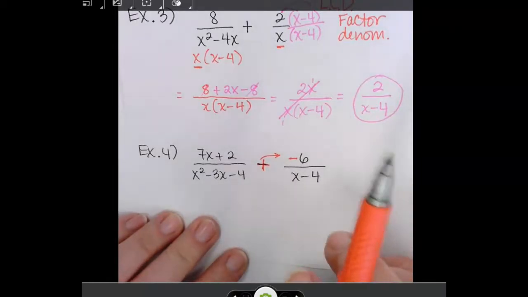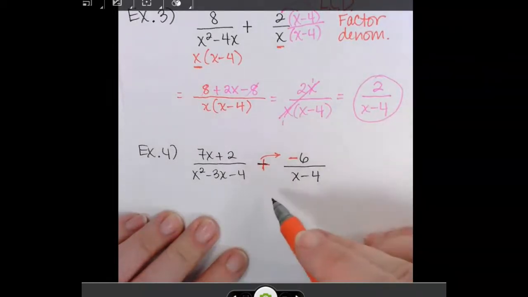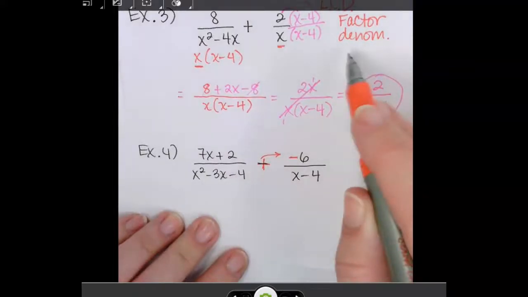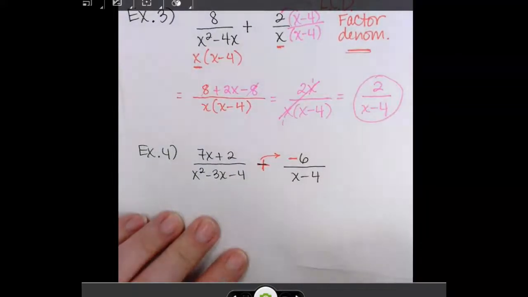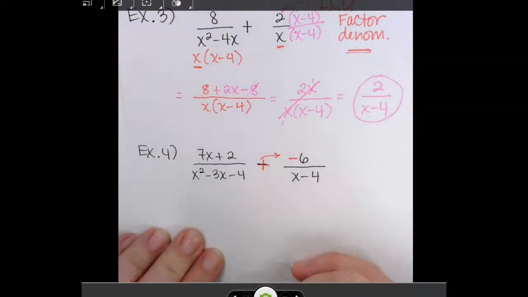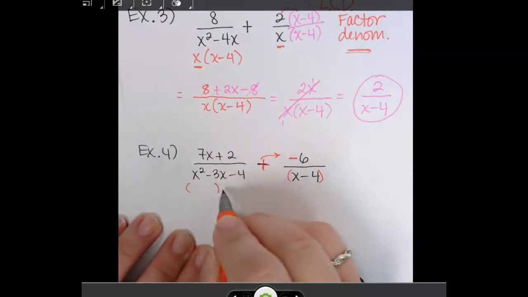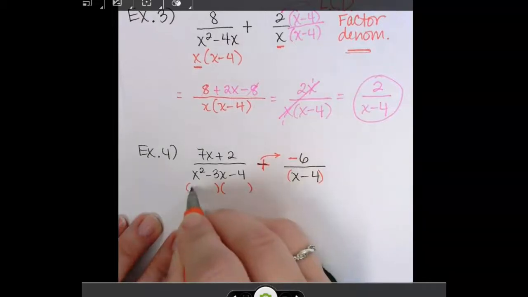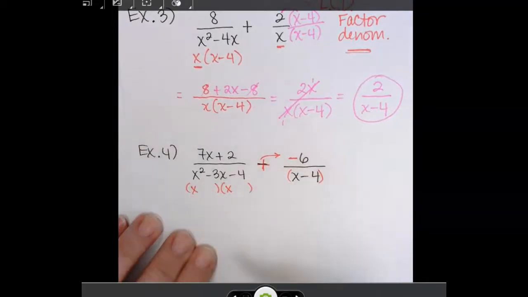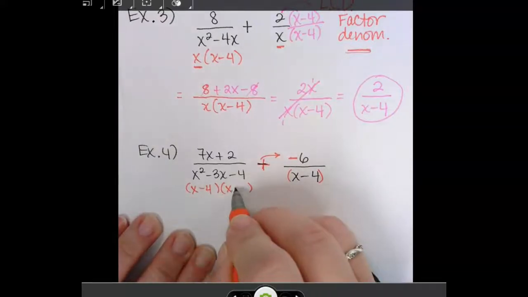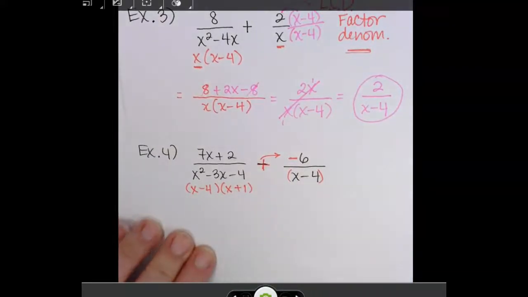All right, so remember we have to factor the denominators to find all the different factors. Now this denominator is already factored, x minus 4. When I factor this trinomial, x times x gives me x squared. And the two numbers that multiply to negative 4 and add to negative 3 would be negative 4 and positive 1.